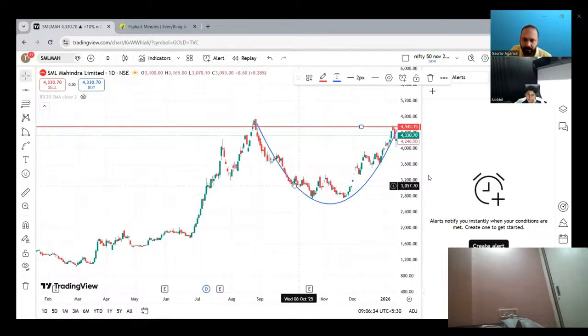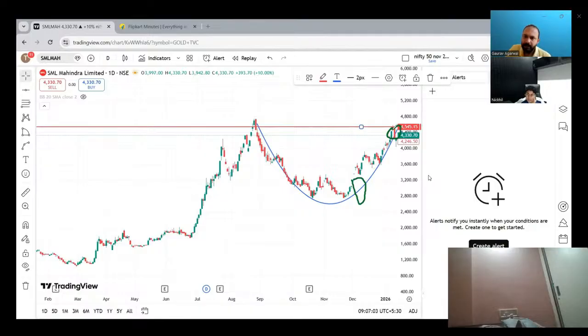So once it finishes half, almost 50-60% part in this range, we have to predict that it is going to form a complete rounding bottom. But there may be ups and downs. There may be some noise also in the chart. So, but we will try to enter here at 60-70%. Once 50-60% of the chart is completed, and then we can exit near this area.